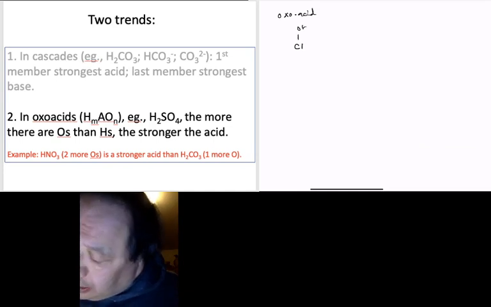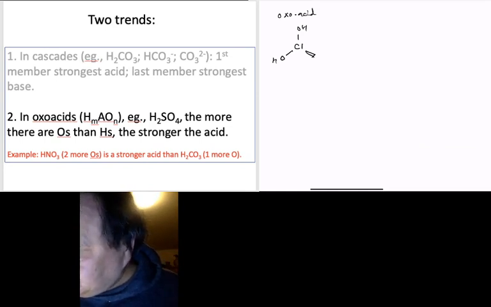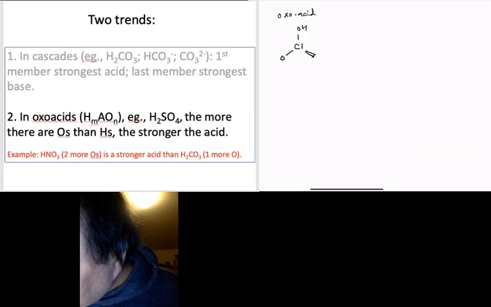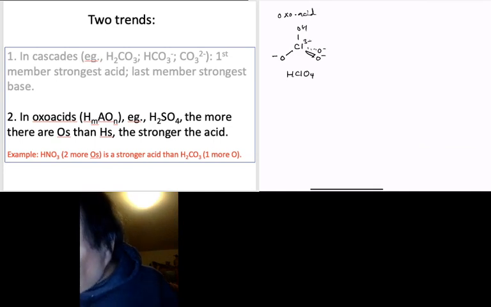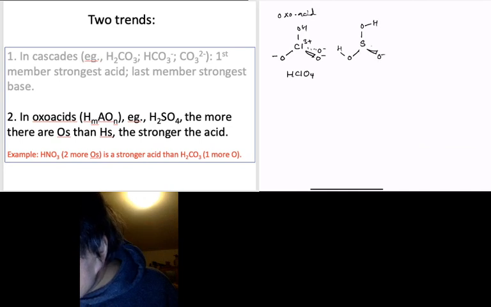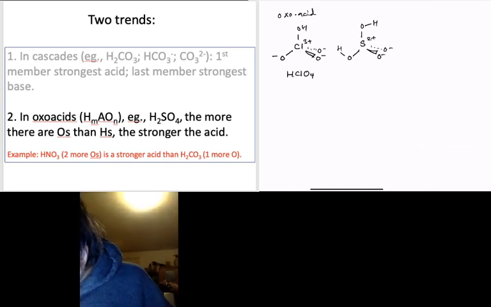Cl, OH, HClO4, with a 3+. Here I'll draw sulfuric acid, with a 2+. I'll draw one more, nitric acid.